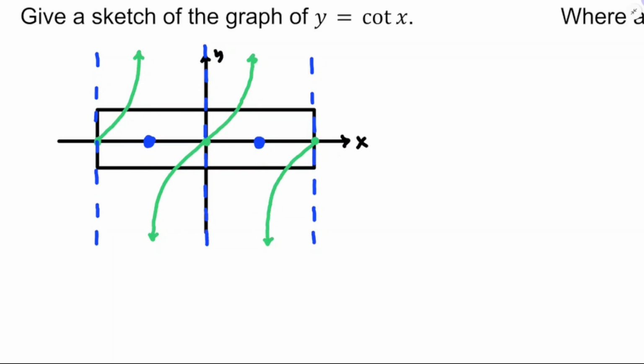Much like before, I'm going to be thinking about intervals on which tangent x is positive. Cotangent x will also be positive because 1 over a positive number is positive. So maybe I'll just start with this first arm and get rid of it. Tangent was positive through there, so cotangent's going to continue to be positive.